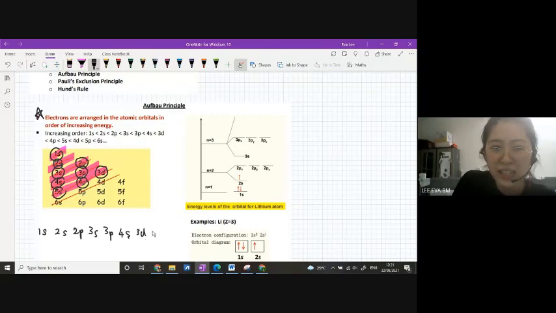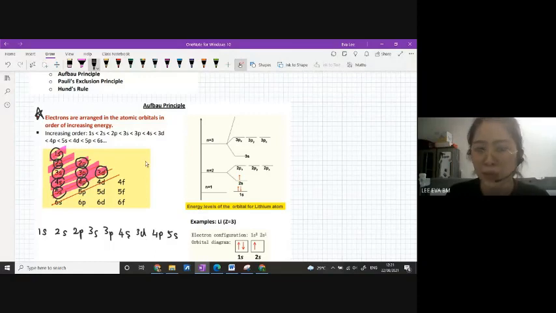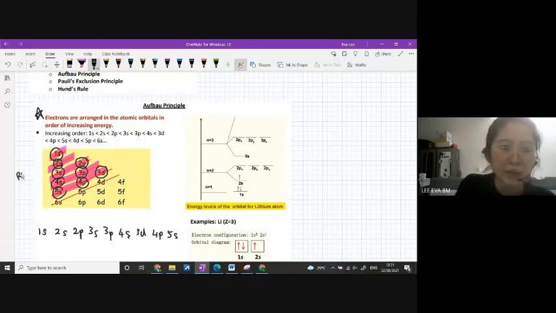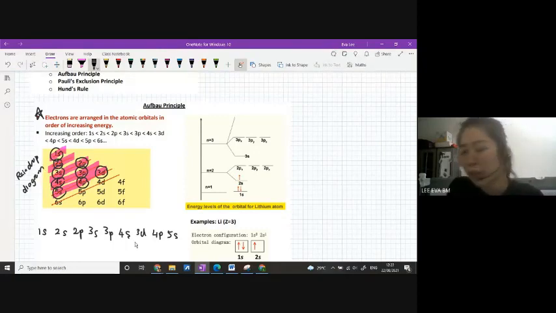Okay, 3d, 4p, 5s. For this, I want everybody to practice drawing the raindrops diagram, to identify which orbitals come first.